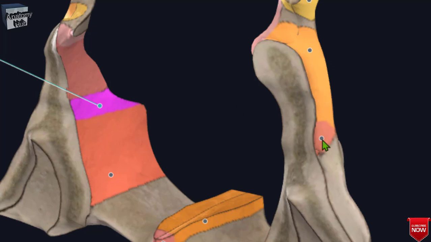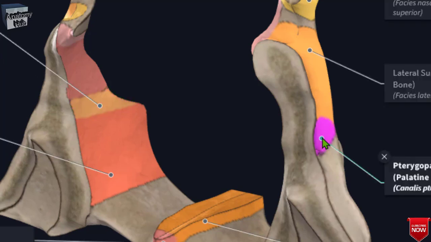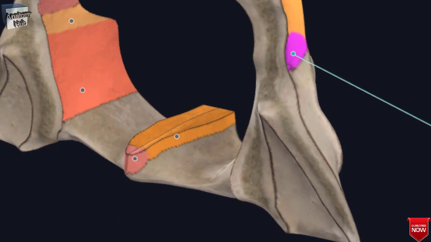So like that, here you will find the pterygopalatine canal. So this pterygopalatine canal is actually a groove on the posterior surface of the perpendicular plate of your palatine bone, and this groove is converted into a canal through the articulation with the maxilla. Okay.